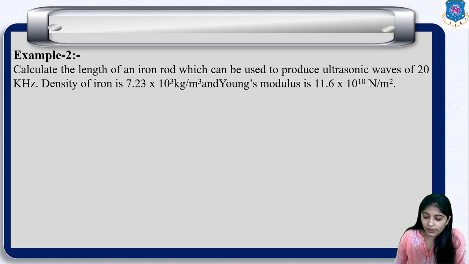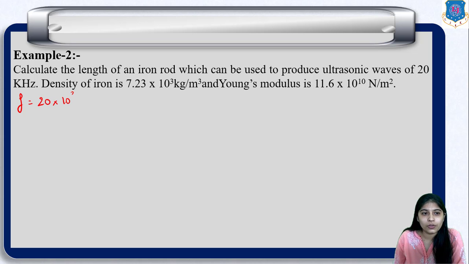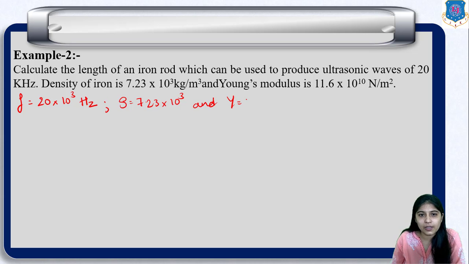So first of all let us write the data. Frequency is 20 kilohertz, so let us write it in hertz. Then density is 7.23 into 10 raised to 3 and Young's modulus is 11.6 into 10 raised to 10 Newton per meter square.